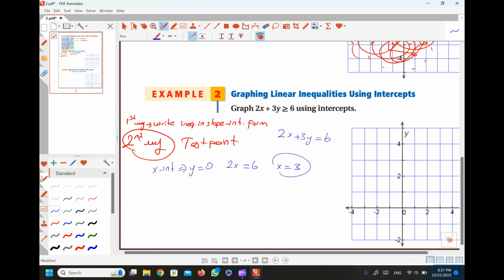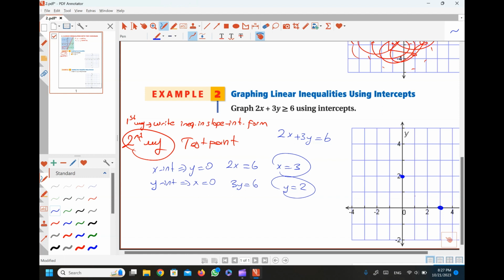X equals 3, let's find 3 on the graph, plot the point. This is your x-intercept. Your y-intercept: this time you let x be 0, so 0 plus 3y equals 6. Isolate y, divide both sides by 3. Y will be 2. Where is 2? 2 is here on the y-axis. So you got your intercepts.